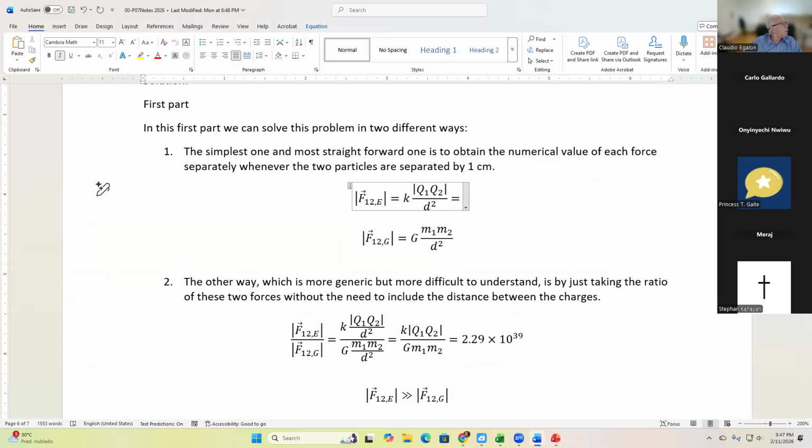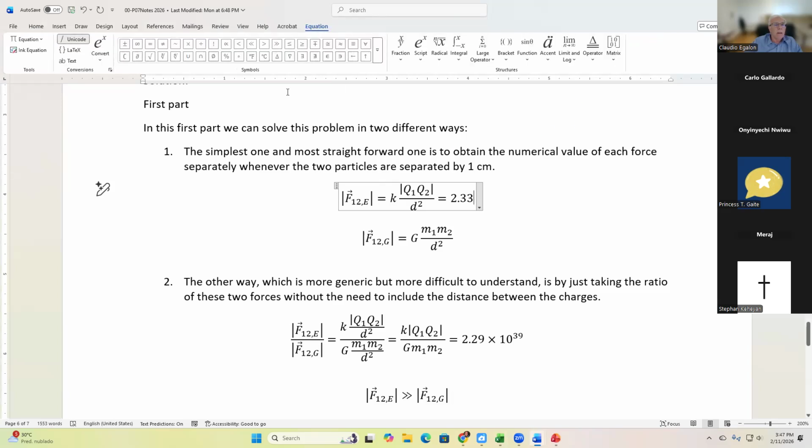By 1 centimeter. 2.33 times 10 to minus 24.